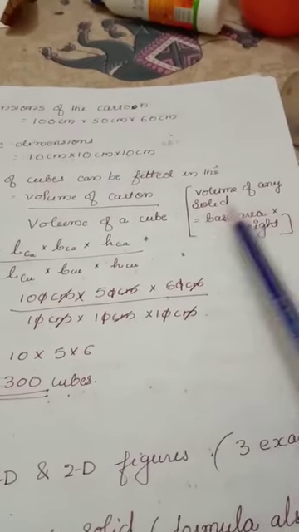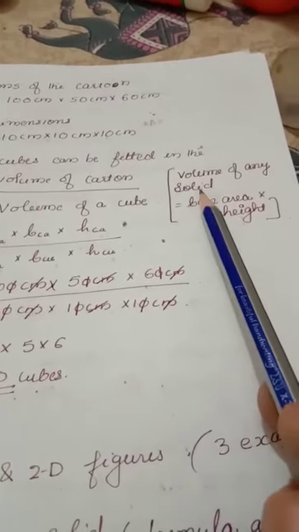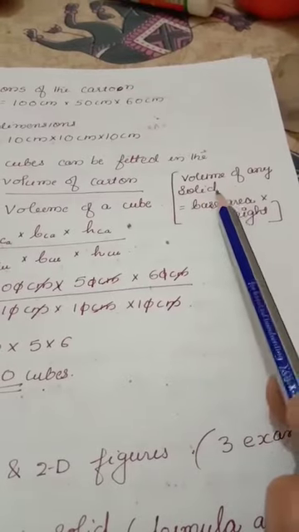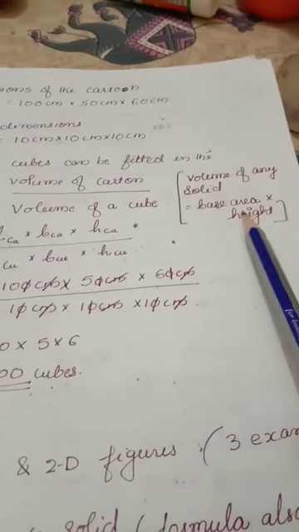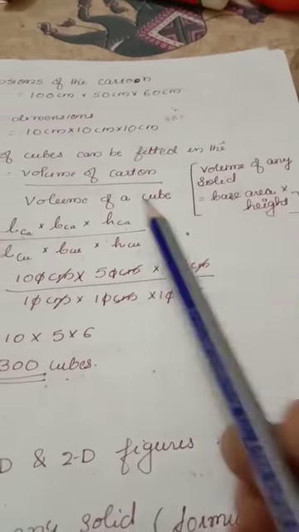See, volume of any solid, you can derive the formula for any solid. Volume of any solid equals base area into height. The carton is a cuboidal shape. Base is a rectangle shape. Base area into height is volume, length into breadth into height.